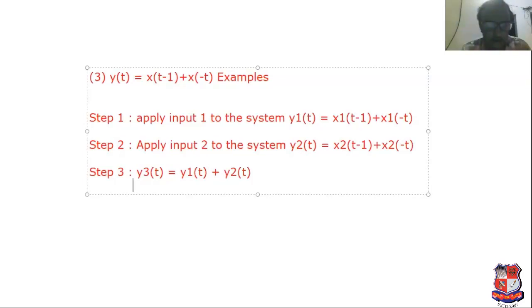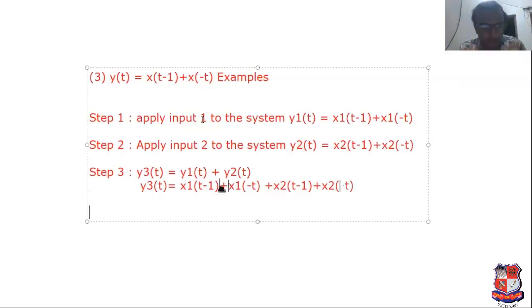So here y3 of t equal to x1 of t minus 1 plus x1 of minus t plus x2 of t minus 1 plus x2 of minus t.